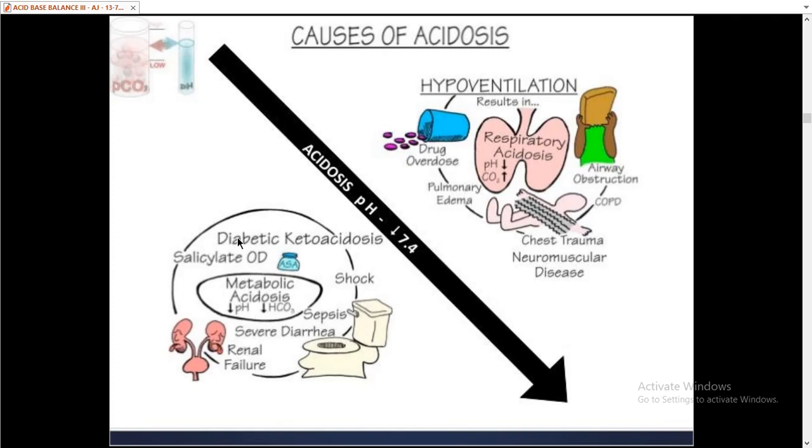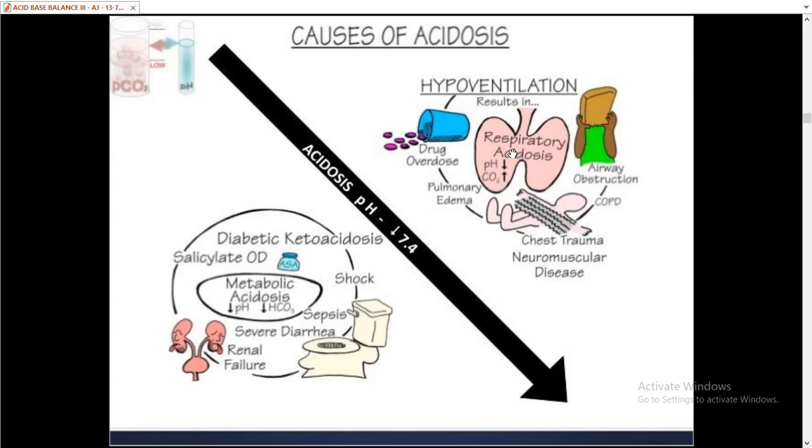The common causes are diabetic ketoacidosis, shock, sepsis, severe diarrhea, renal failure, or salicylate overdose or intoxication. These are the common reasons due to which a person can go into metabolic acidosis.